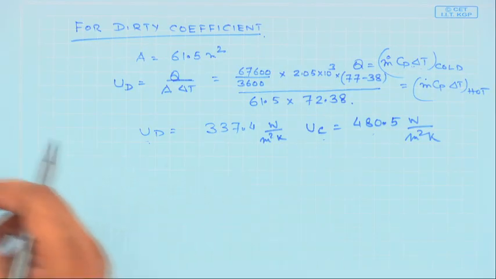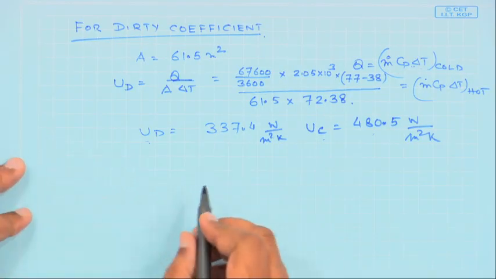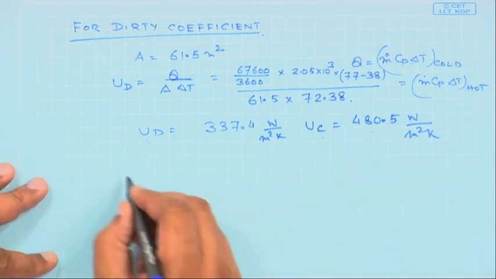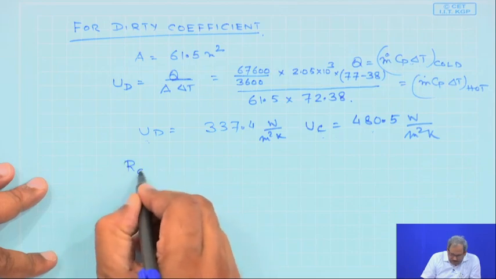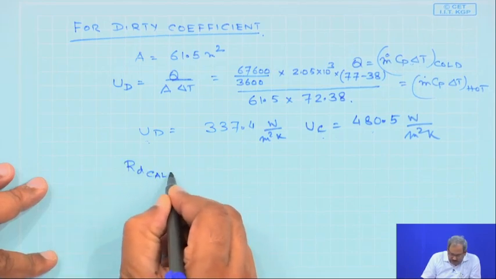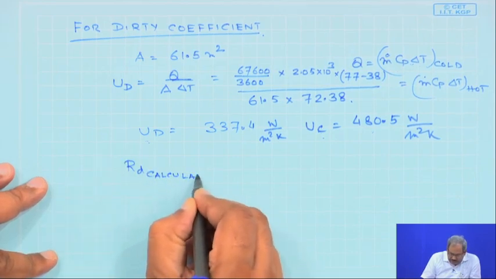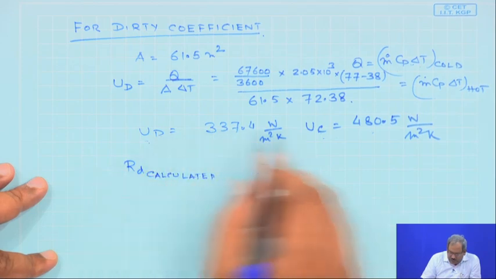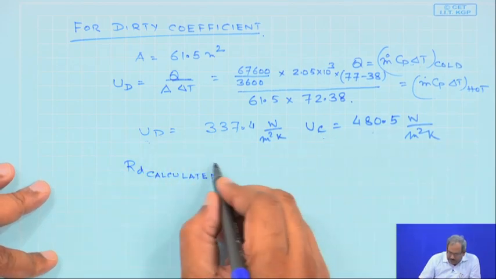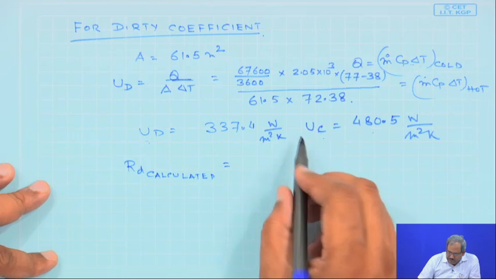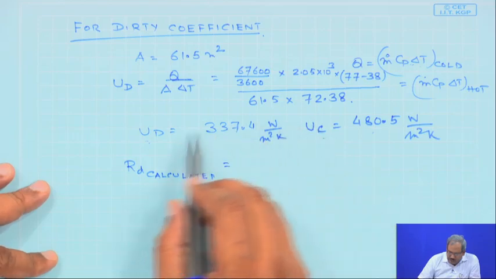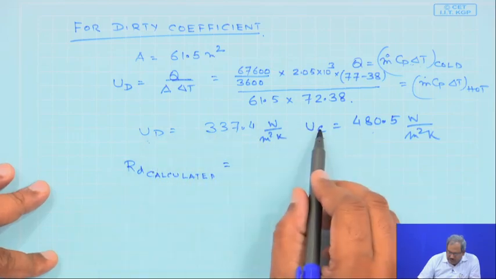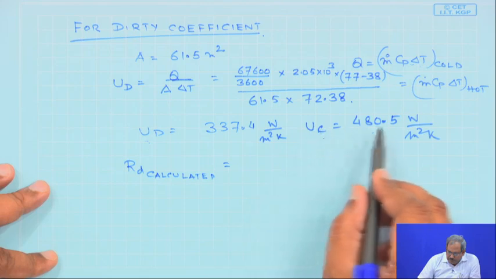So, our next step then simply is to find out the value of the dirt factor. So, let us see what this value would be. Rd calculated for this specific purpose, since I know Ud and Uc, so 1 by Ud must be equal to 1 by Uc plus Rd.